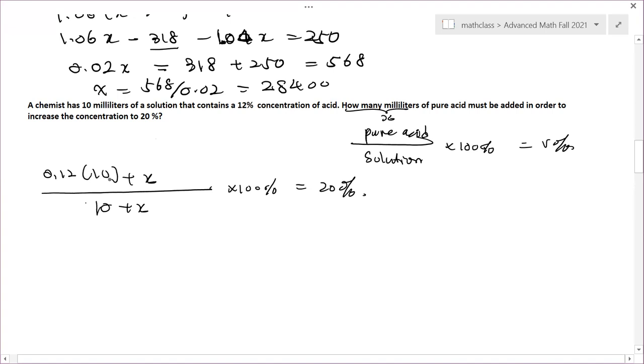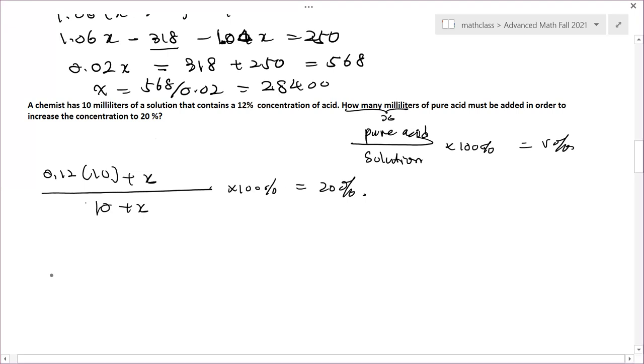This amount is pure acid. So that is the equation you have to set up. The remaining part is easy, just solve this linear equation.